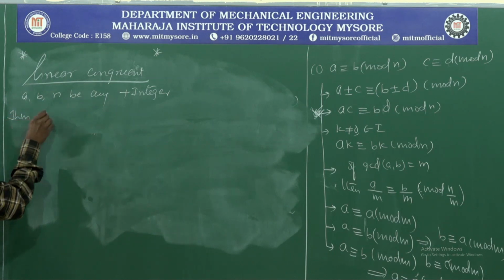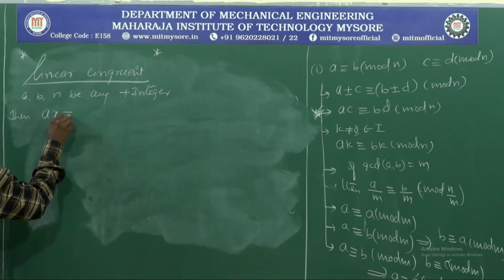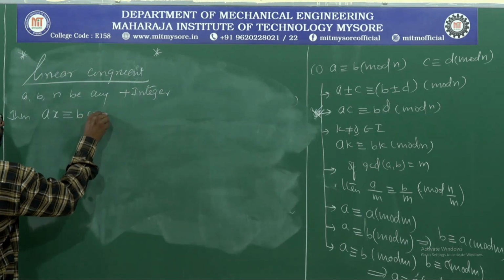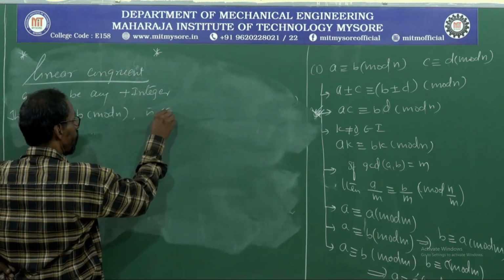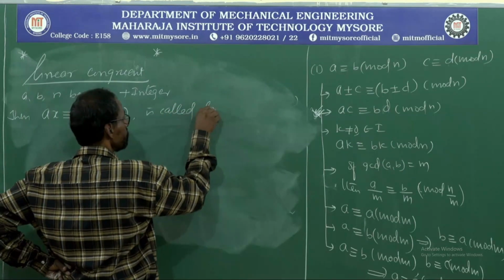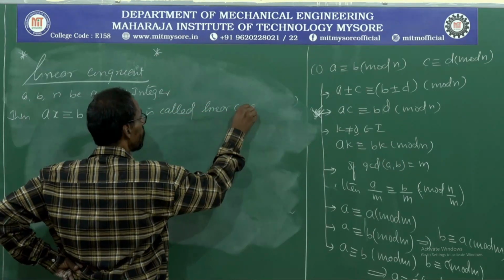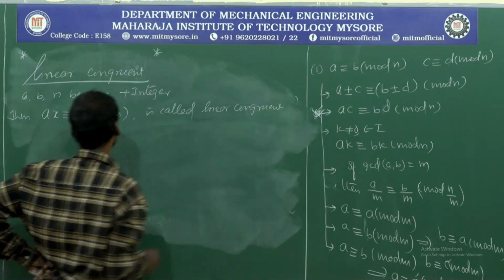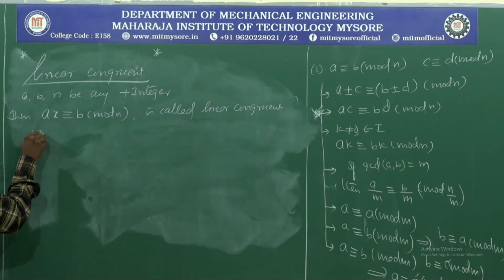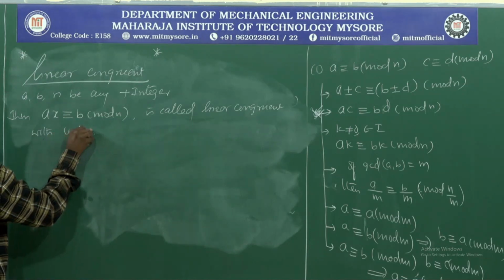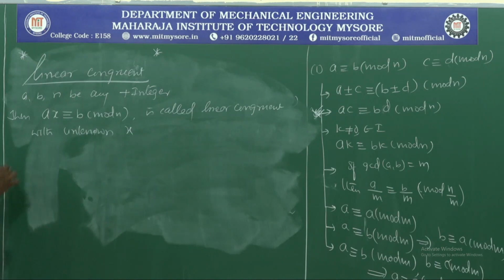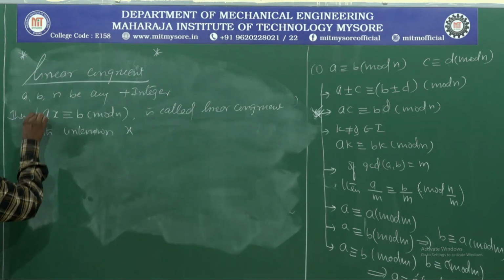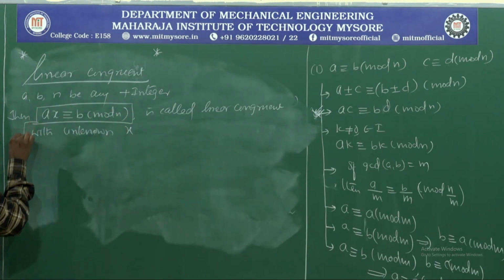Then Ax congruent to B mod n is called a linear congruence with unknown x. This linear congruence has two possible cases.